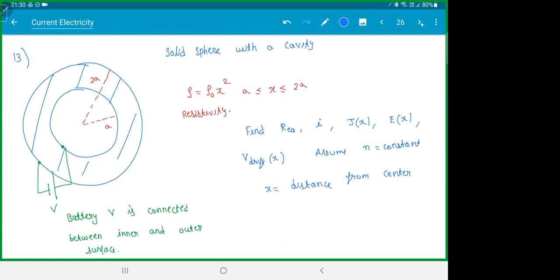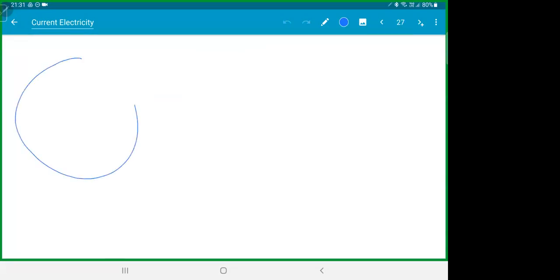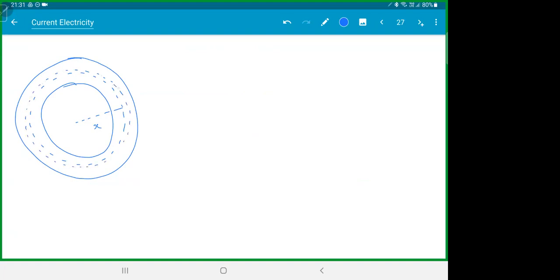See, again, it is all about how do you choose your element properly. So at a distance x, take a thin strip of width dx.